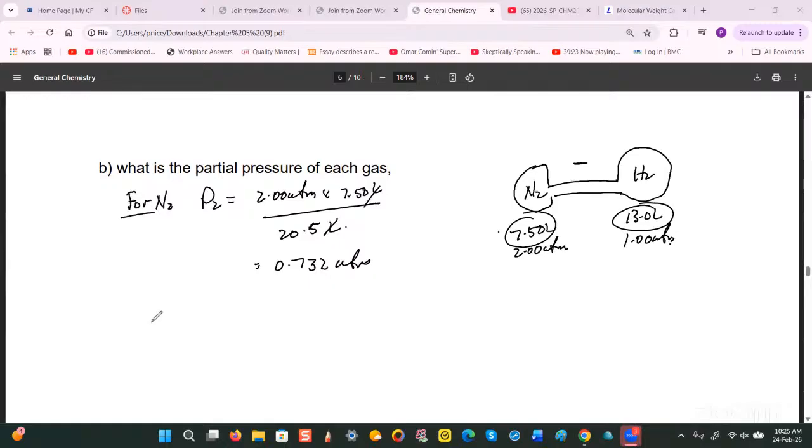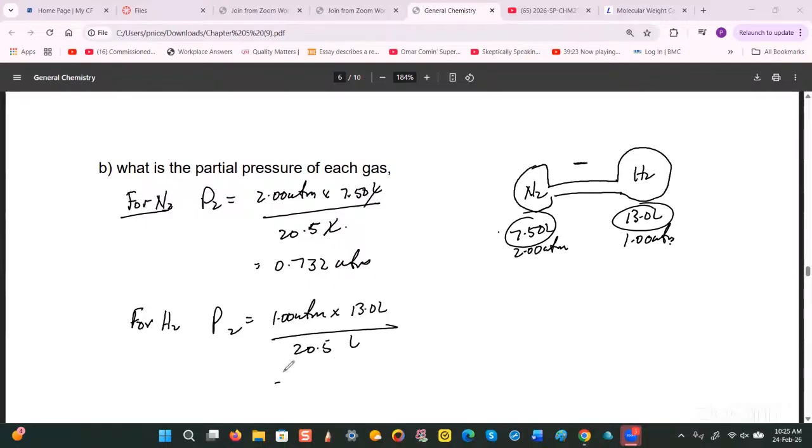So that's for nitrogen. And then I'm going to do the same thing for hydrogen. That is P2, I'm sorry. In the case of hydrogen, the initial pressure would be 1.00 atmospheres, times the volume, which is 13.0 liters, divided by 20.5 liters.